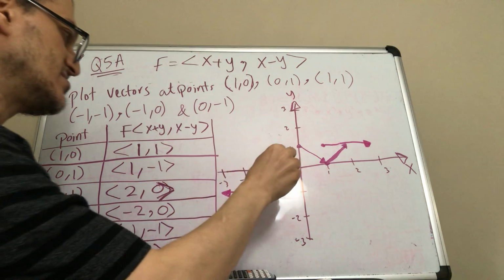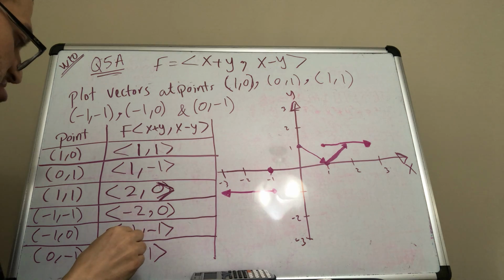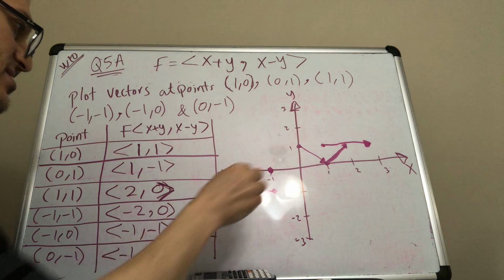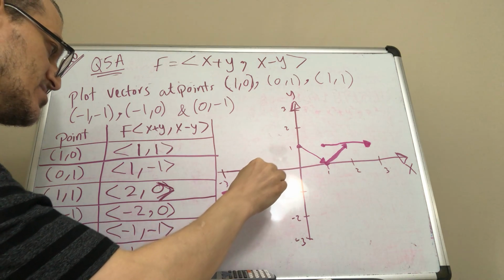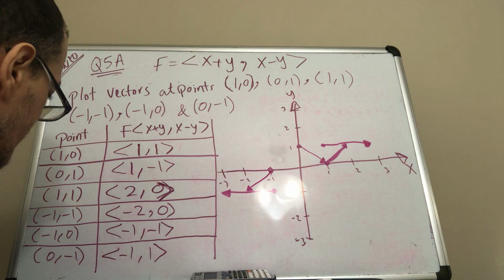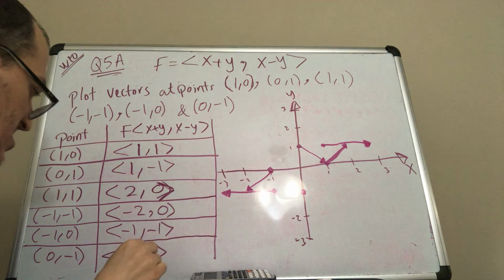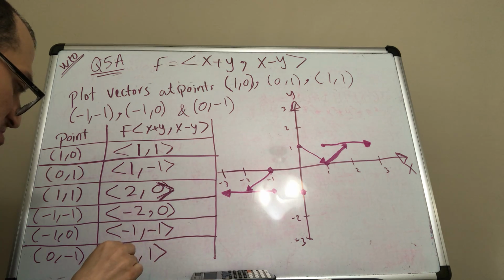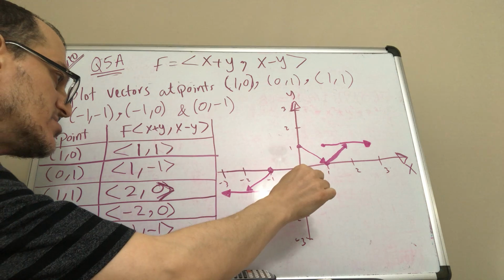Negative 1 and 0. You go left 1, down 1, so you go to this one. 0, negative 1: you go left 1, up 1, you go to this one.